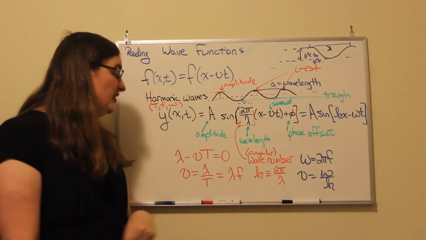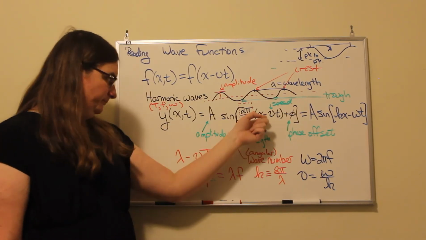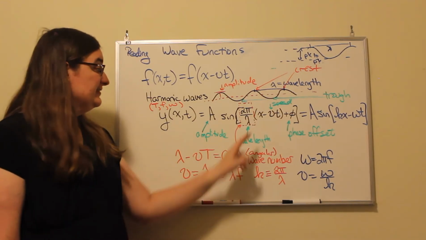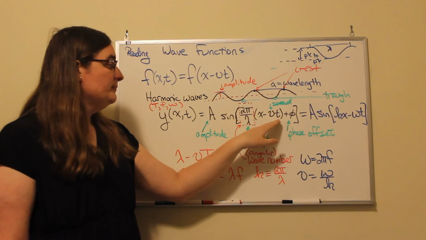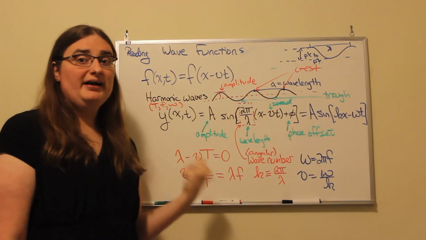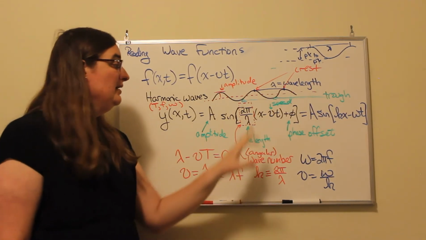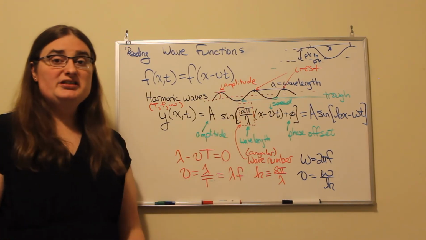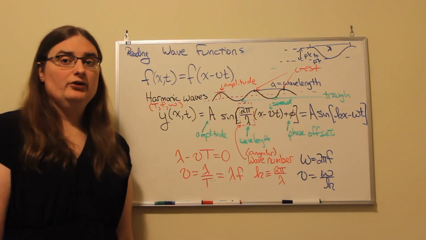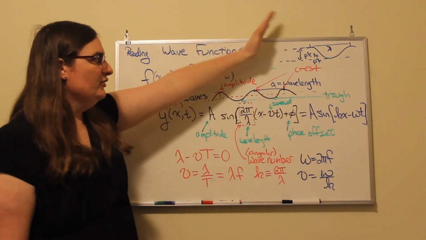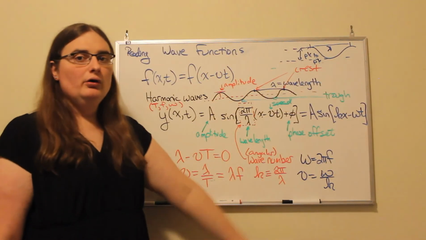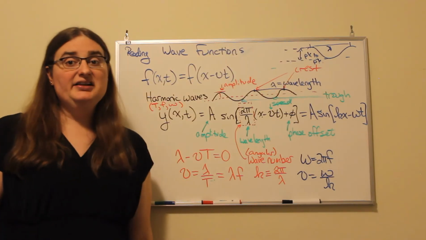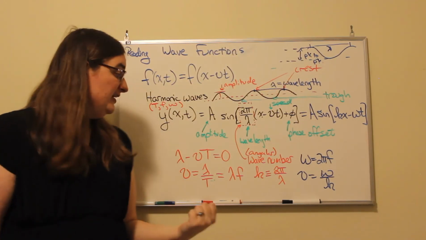Now, in order for our wave to maintain its shape, I said that this had to be a constant. Our position minus our velocity times time had to stay fixed. So let's say we travel a distance of 1 wavelength. Well, for the wave to travel a distance of 1 wavelength, all of the wave carriers need to evolve through exactly 1 period in their phase.